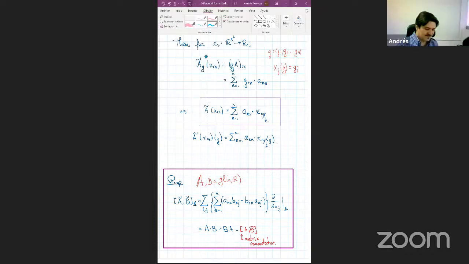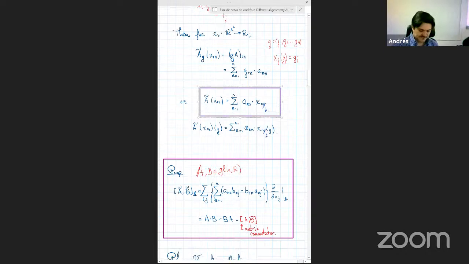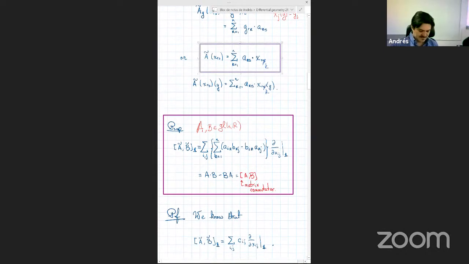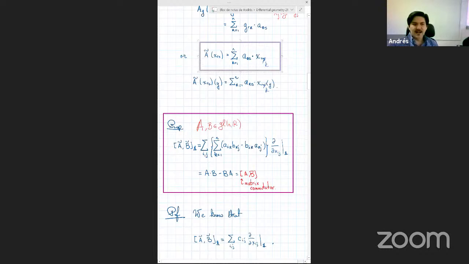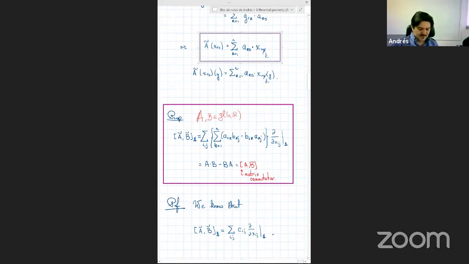Okay, so let's move on then. Again, I'm using the fact that we have global coordinates x_ij. So this is a vector field. I mean, if you remove this, it will look like this, right? But now, if I look at the vector field at this element, I have to evaluate this, right?